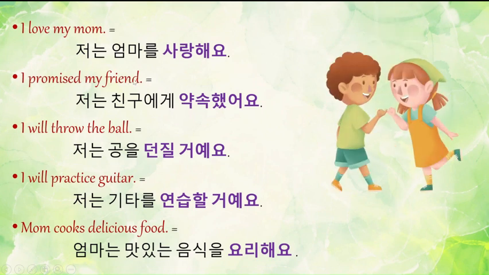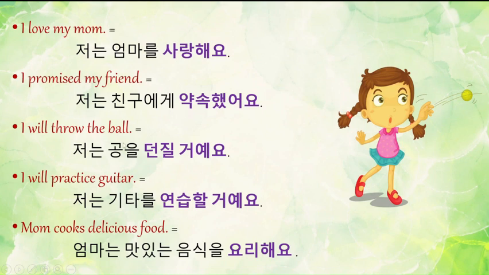I promised my friend. 저는 친구에게 약속했어요. The verb 약속하다 in the past tense. Next is, I will throw the ball. 저는 공을 던질 거예요. Here, we have conjugated the verb 던지다 in the future tense.